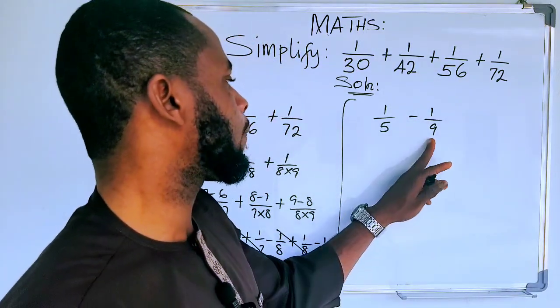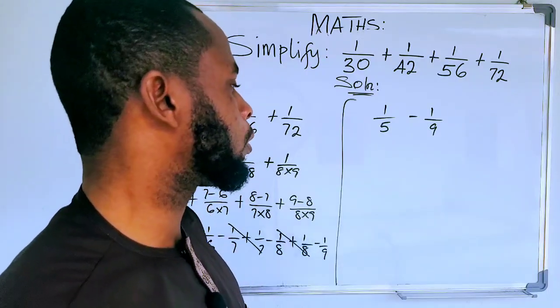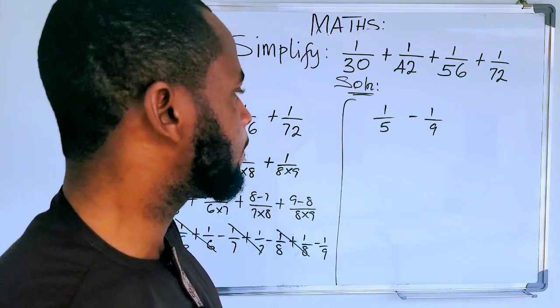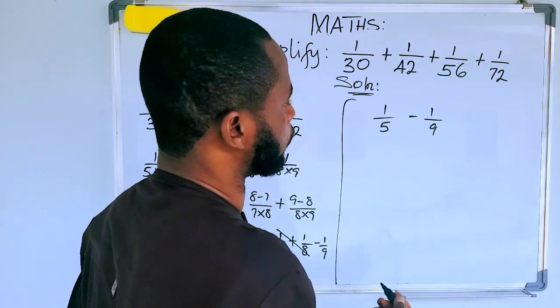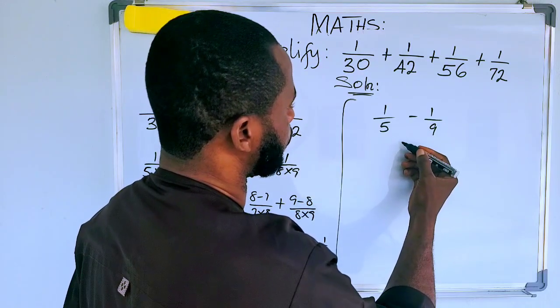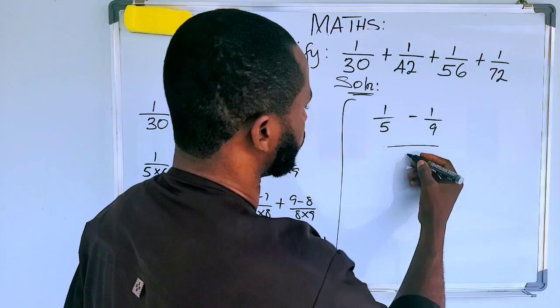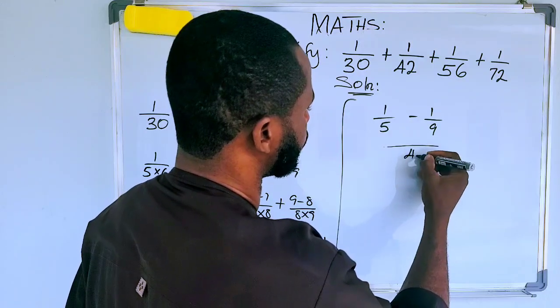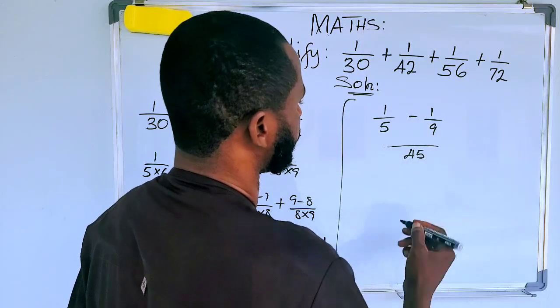Then you simplify this further. Either you use the LCM method or whatsoever. The LCM of this will give us 45.